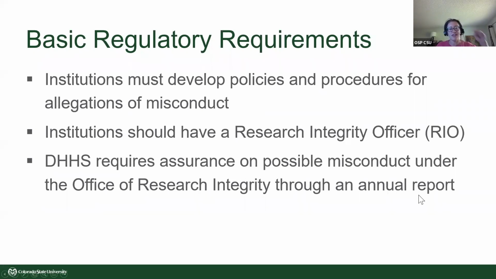The other thing here that I should have included is that we also should have in place protections for whistleblowers. So if you have a graduate student who needs to report something that their investigator or their advisor is doing, that there's no repercussions to them. So we should have in place protections for whistleblowers.